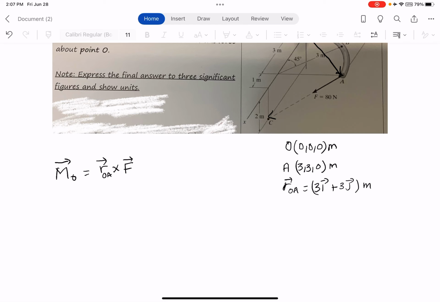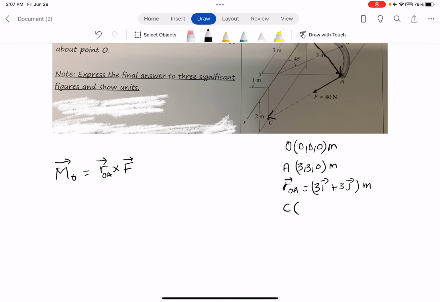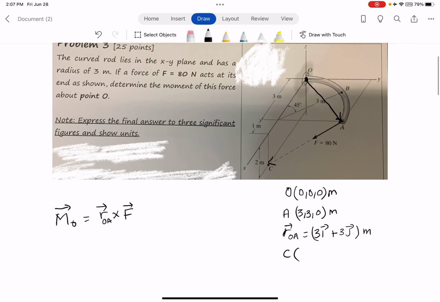So let's look at the point C. What is the point C? Let's look at the value of C. It is 4 in the X, and you can notice there is nothing in the Y. And the Z is minus 2, because it's going below the Z axis.